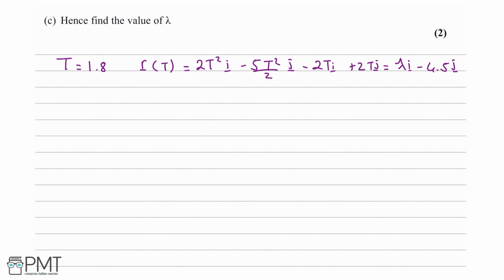So again, I've taken our position vector equation and plugged in capital T for it. Now, we need to find lambda, and the only component which has lambda is the i component. So what we're going to say is, equating i component, like that, okay?